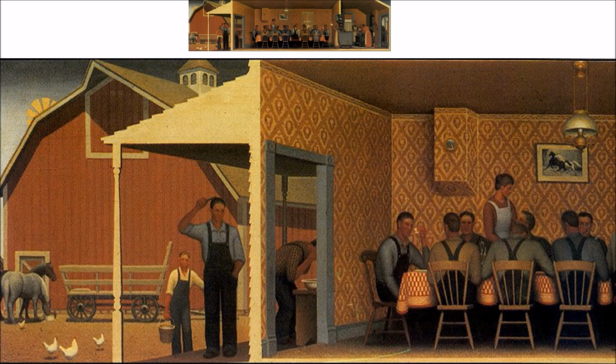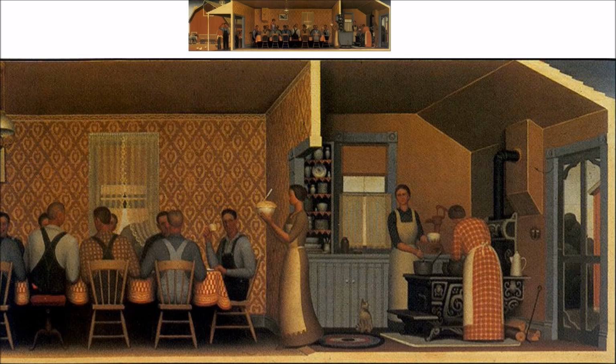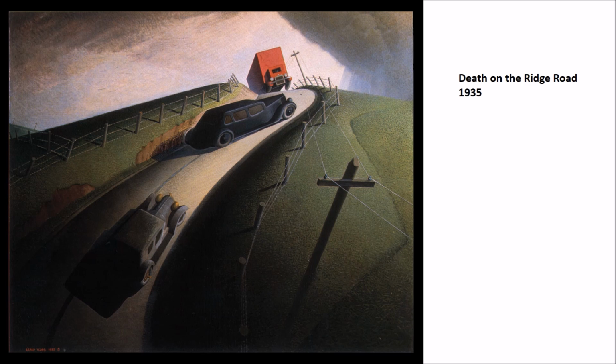On the left side we have the threshers coming in from the farm, with their wonderful overalls on, going into this room, and again we have this open front on this very large dining space, and on the other side we have of course the women working just as hard, preparing the meal for the gentlemen and actually bringing it out. And when you look at the full picture, it does have kind of this Last Supper quality to it too. But again, this internal perspective that he would have had from growing up on a farm.